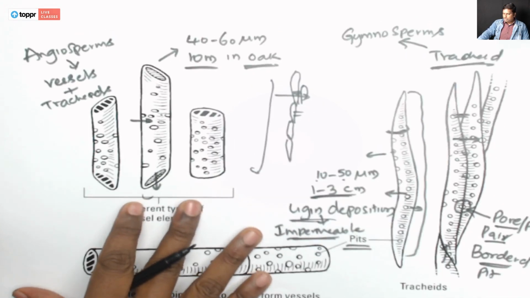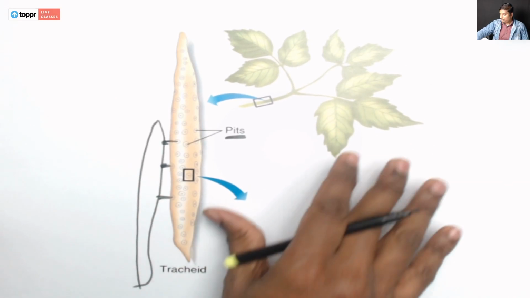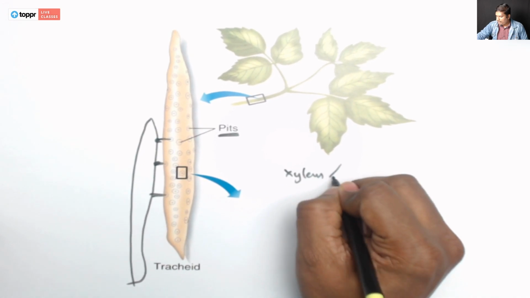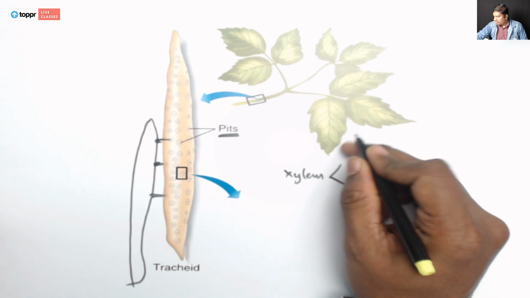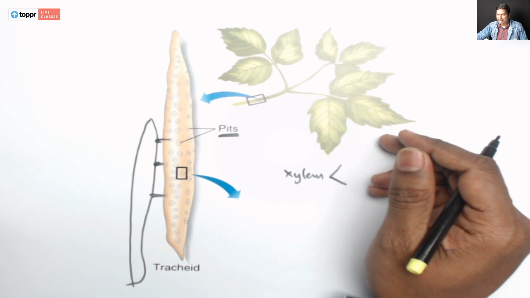So just to summarize, in the xylem you have three kinds of cells: the fibers, the parenchyma cells, and the tracheary elements.